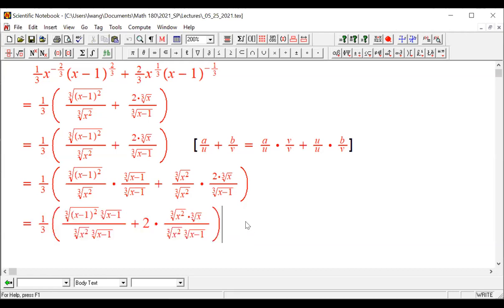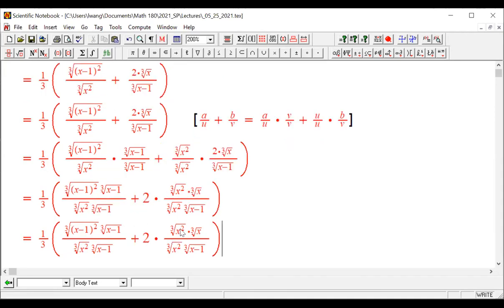Let's do one more step. I'm going to bring these two under the same roof, √3. So I'm going to bring this x inside here. And x squared times x, that's x raised to the power 3, isn't it?